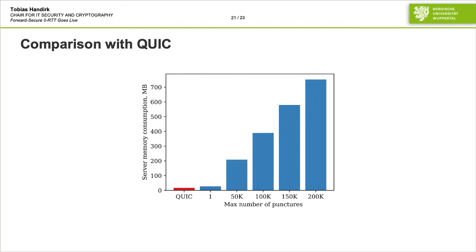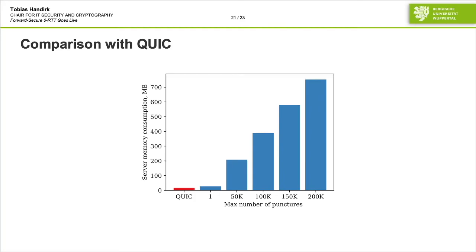First, in red, we see for comparison the memory usage of QUIC, which lies at about 15 to 20 megabytes. Then in blue, we have the measured memory usage of our implementation for the failure probability bound fixed to 10 to the minus 3 and different maximum number of punctures ranging from 1 to 200,000.